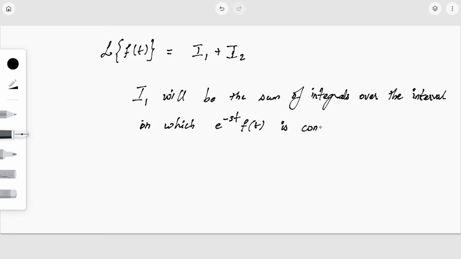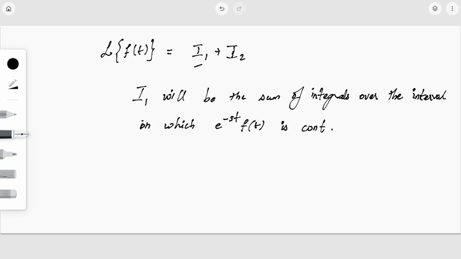Okay, so since the function is continuous, the integral will exist. Since the function is piecewise continuous, we can find some intervals in which the function is continuous, and we can find the integral value, and taking the sum of all these integral values from 0 to t, we will get the value of I1.